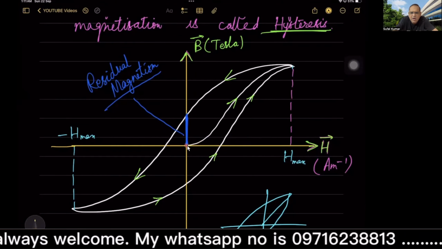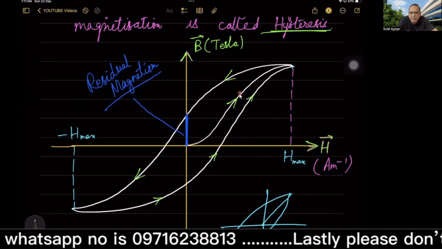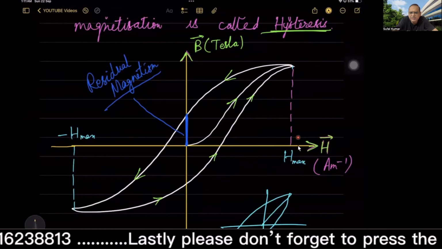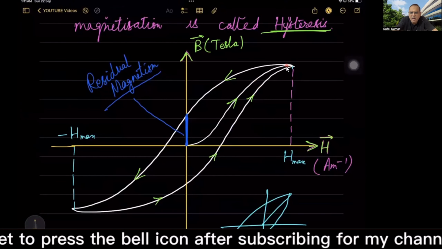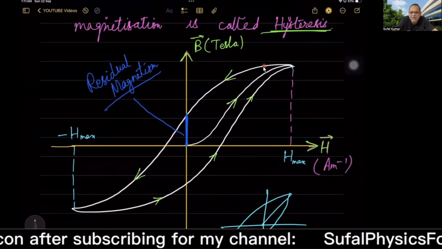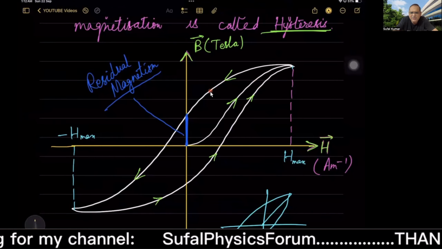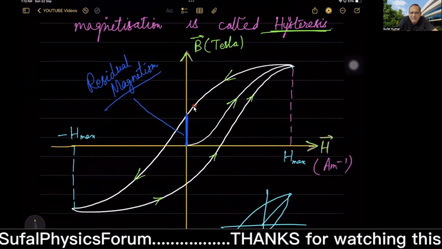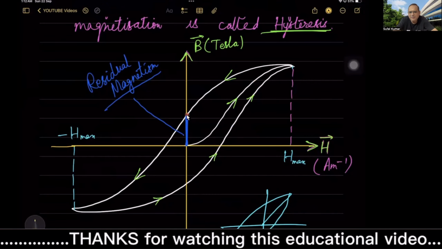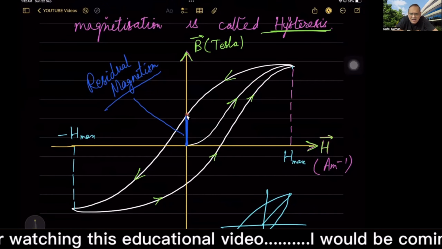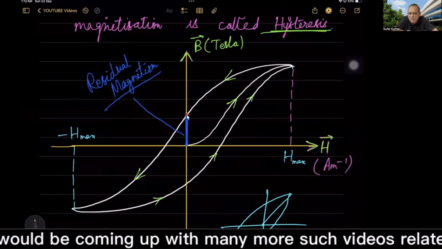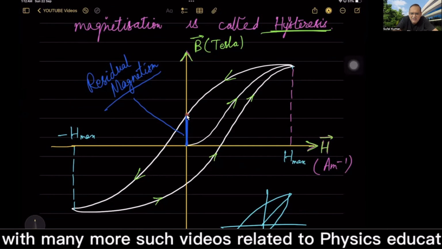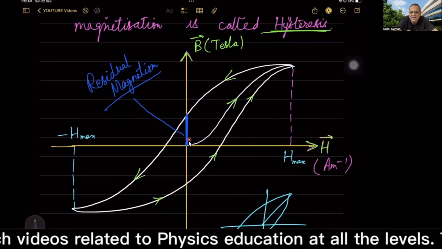See, now if we want to decrease this H to zero, let's see how the variation proceeds as this graph proceeds. Finally, at this point where my cursor is static now, H has become zero, and at this position still this much B is left.